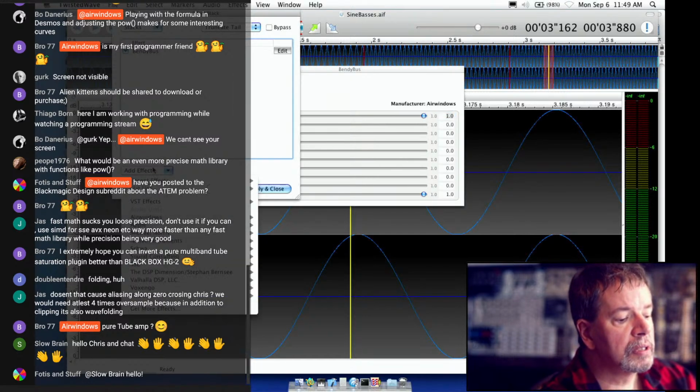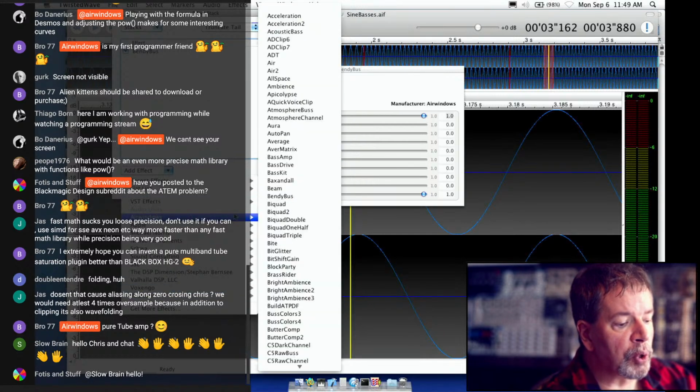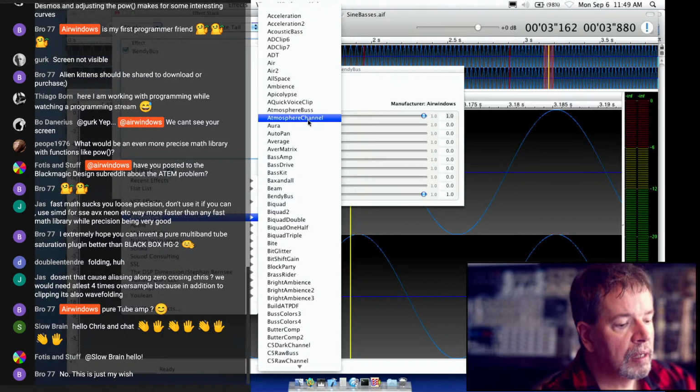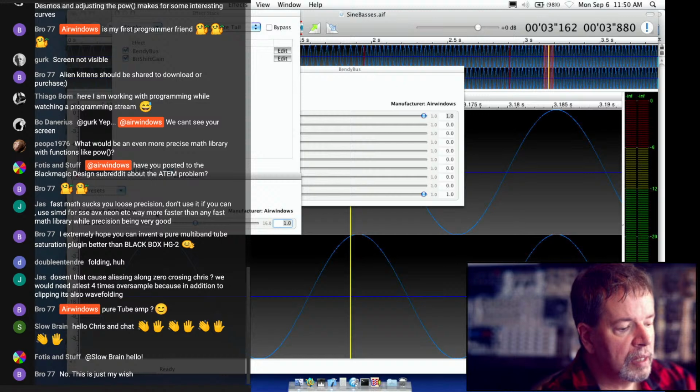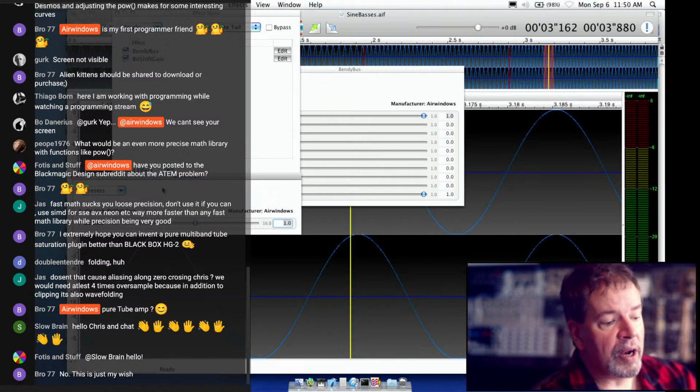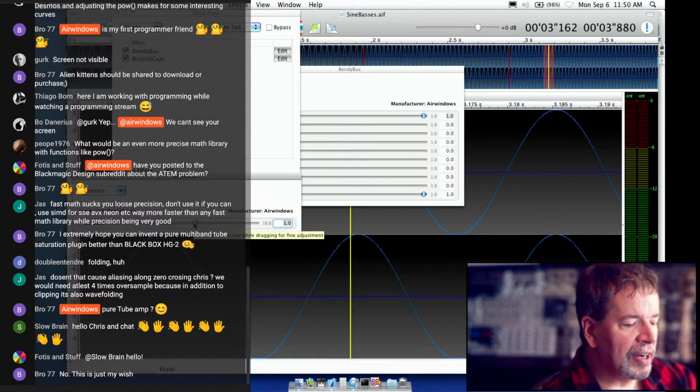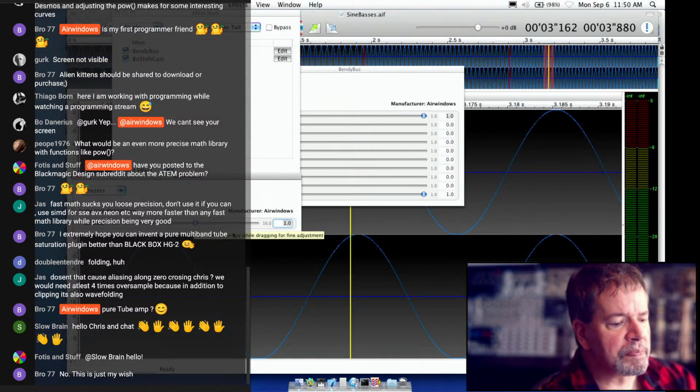So, one more effect, my word length shift gain. As you Airwindows fans know, I can't say the name of this plugin on YouTube because they think I said something else.